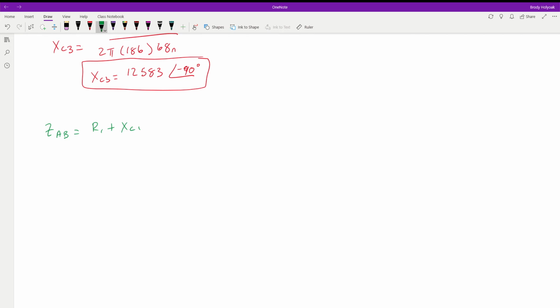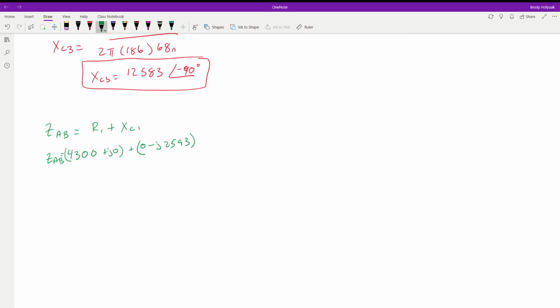So we have 4,300 ohms plus J of 0, and our X of C1, as we recall, is 2593. Excuse me, I need to rewrite this because these are in the rectangular form. 0 minus J of 2593.